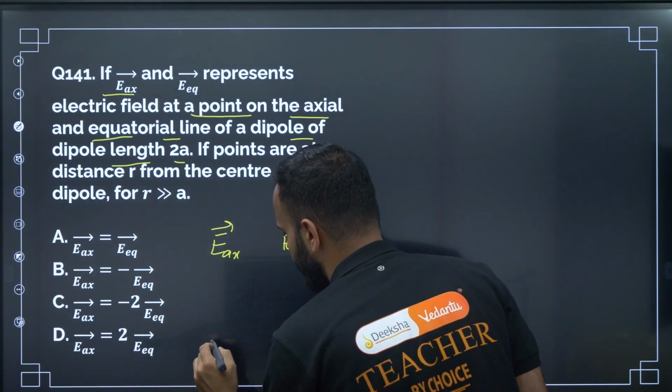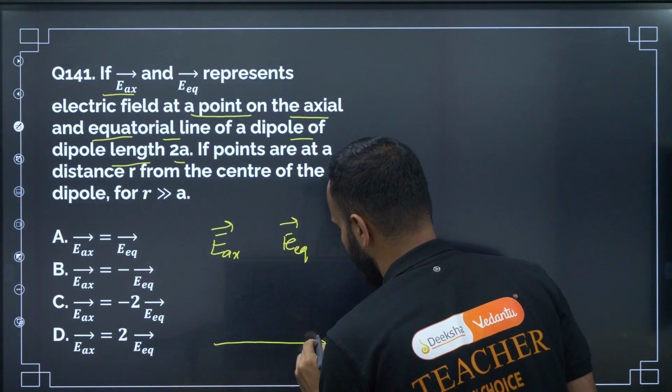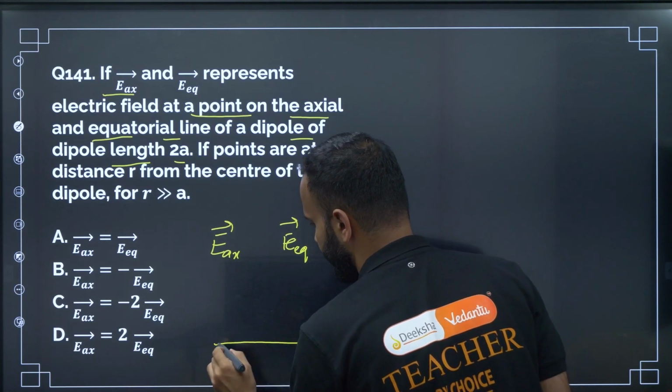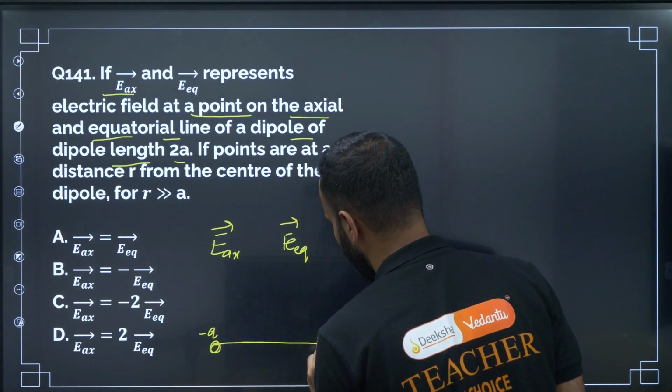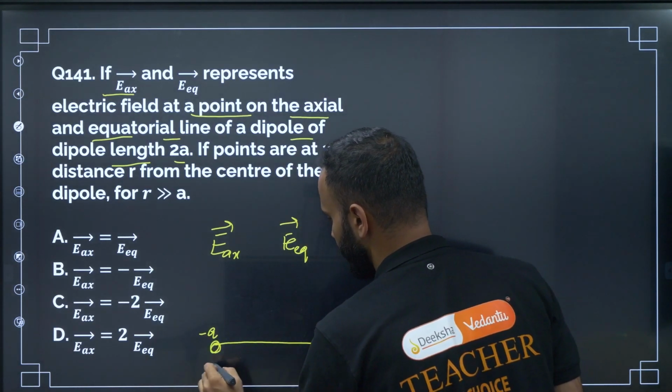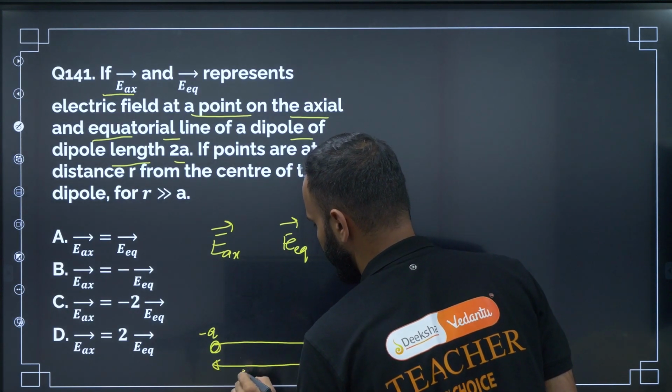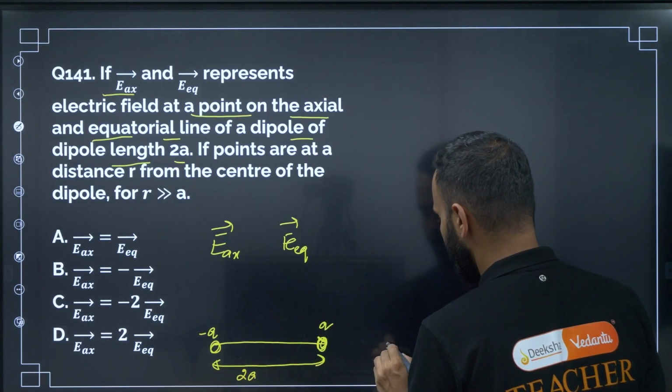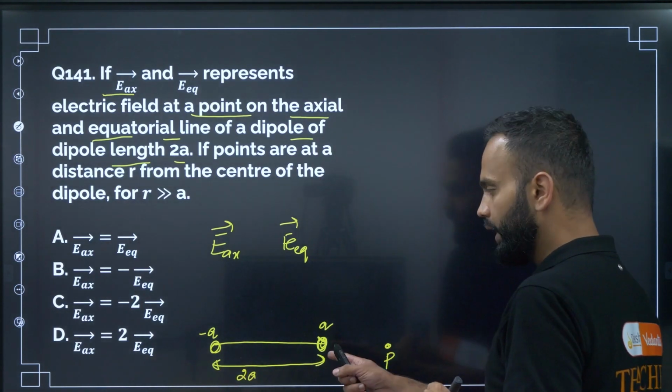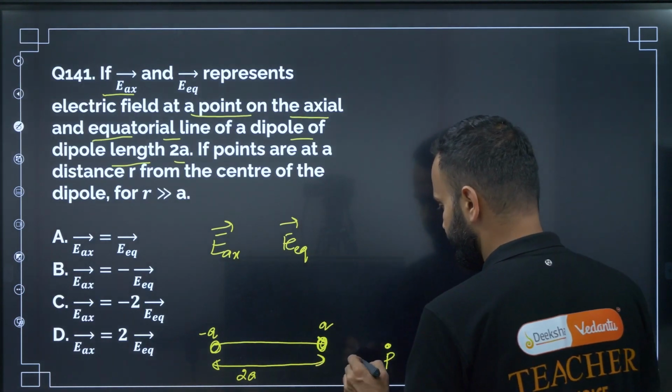So here the dipole length is 2a. This is the negative charge and the positive charge q. Here the point P is lying on the axial line of this dipole.